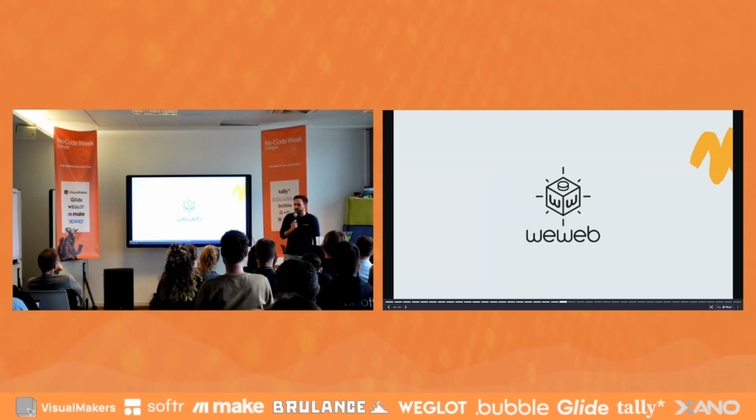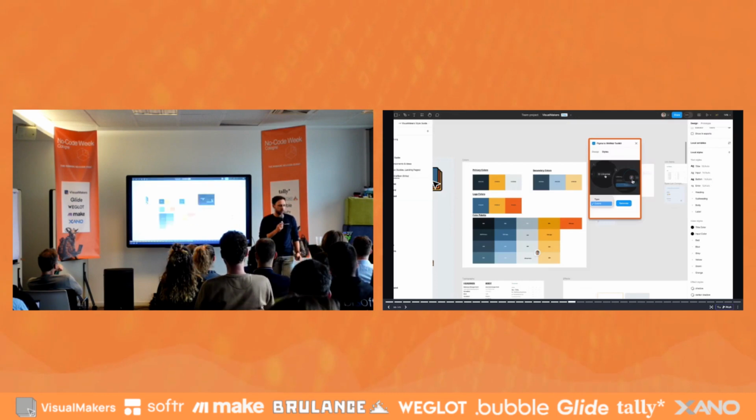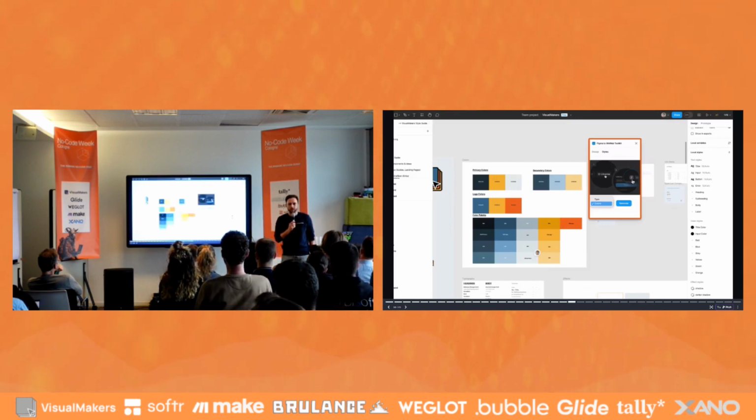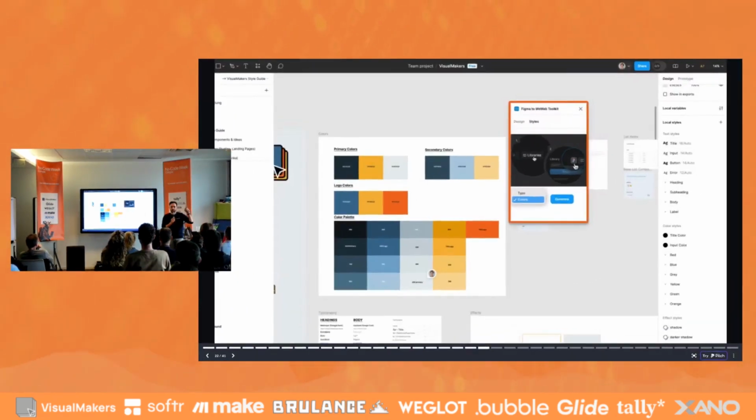So transferring the design, how does that work? For example, in WeWeb, that's one of the tools that we use most. WeWeb comes fortunately with a plugin in Figma where you can simply select the stuff that you want to import from Figma.